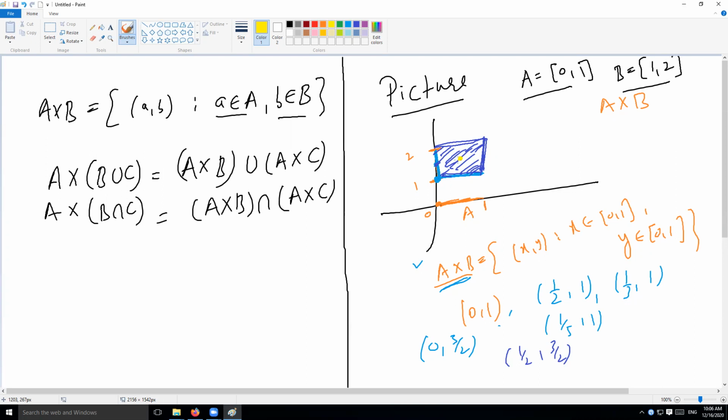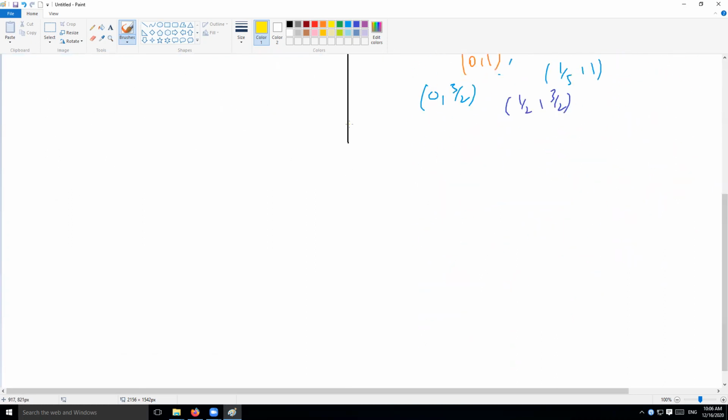So the intuition I want to give you, before proving this, is to make a picture in your mind. Keeping in view this notation, if I have to make a picture of the cross product, I will always picture the cross product as a rectangle in my head.